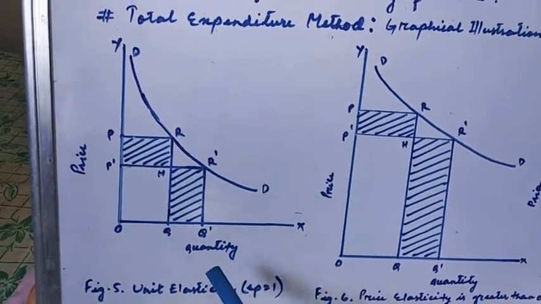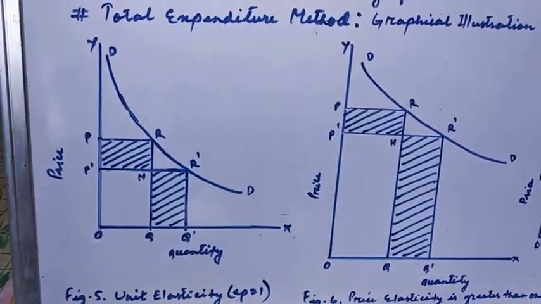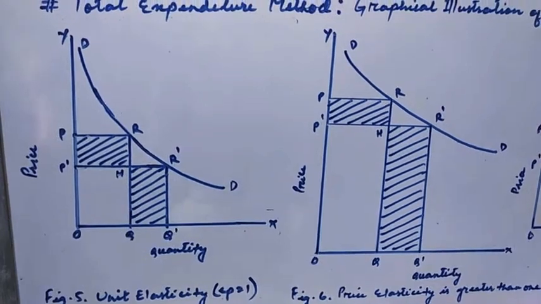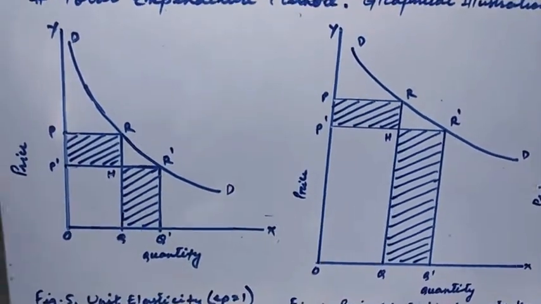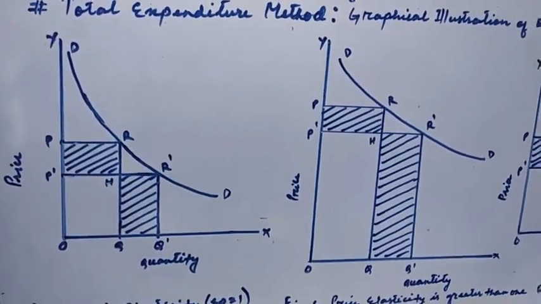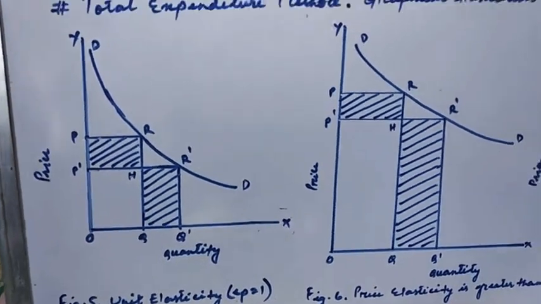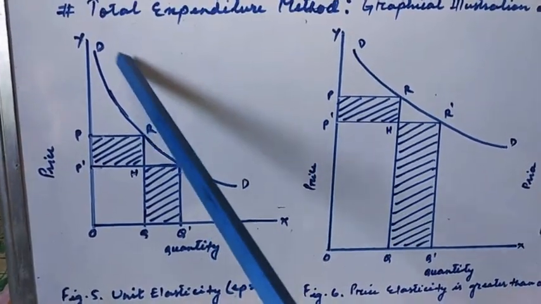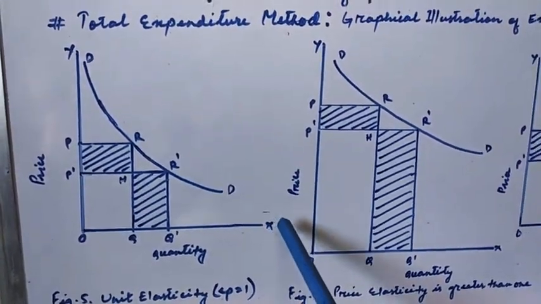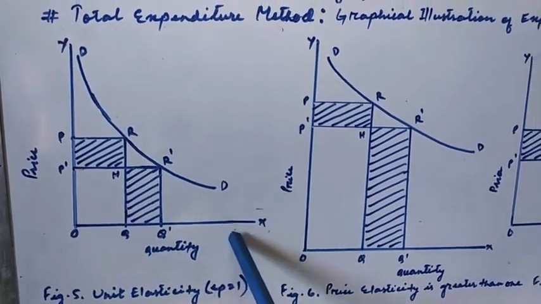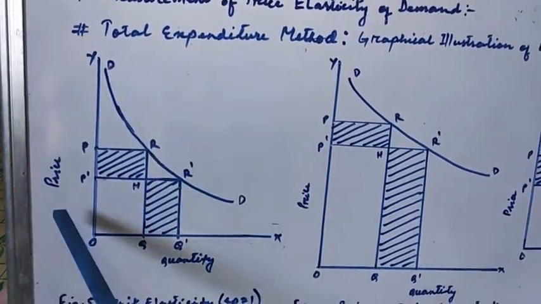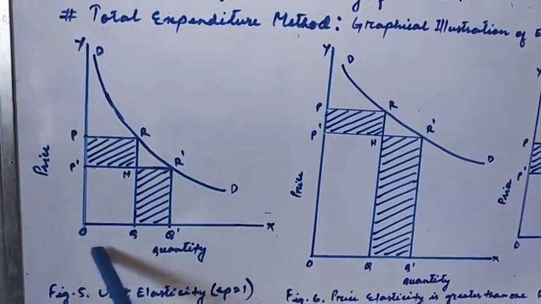With the help of the demand curve, we explain the relationship between price elasticity of demand and the total expenditure. DD is the demand curve. On the x-axis we measure quantity, and on the y-axis we measure price, and O is the origin.